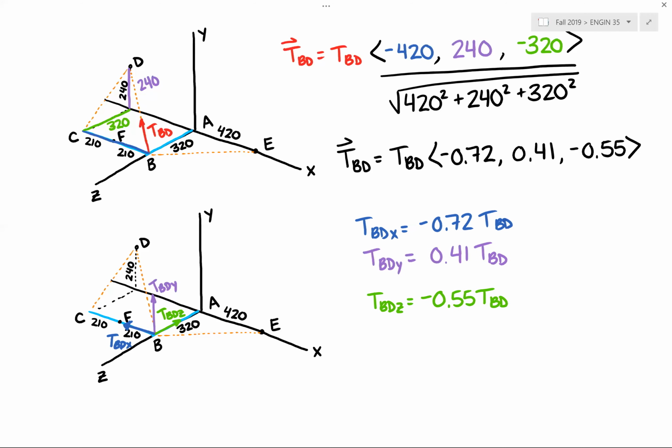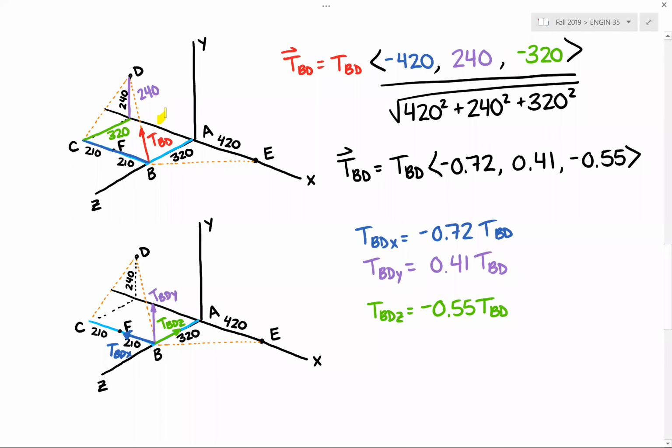So this red vector, TBD, on my first diagram is an equivalent force system as my three forces applied here, TBD Y, TBD X, and TBD Z. So those three components can replace that vector TBD so that we can add them into our equations.